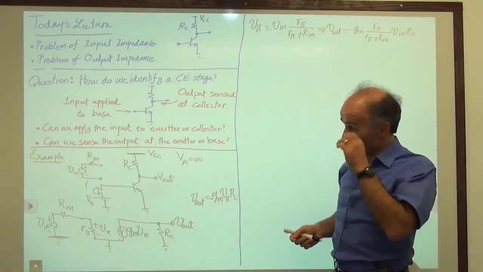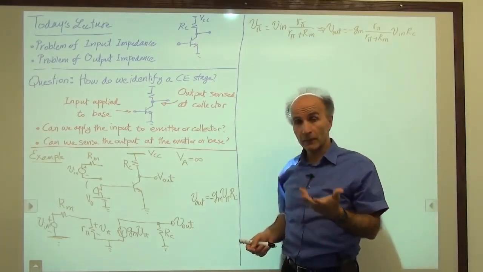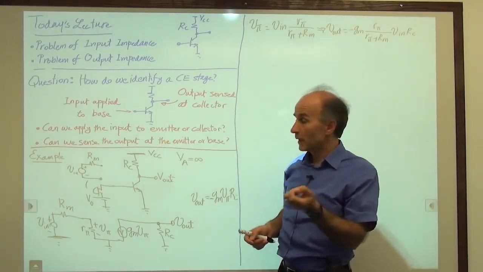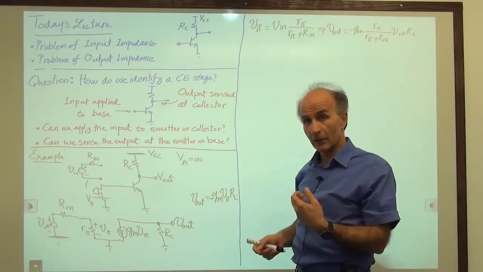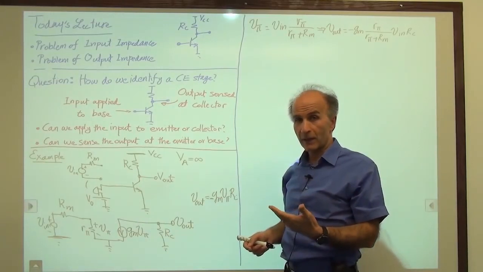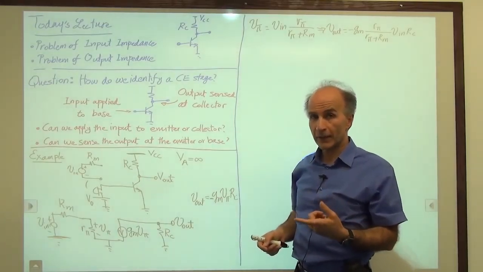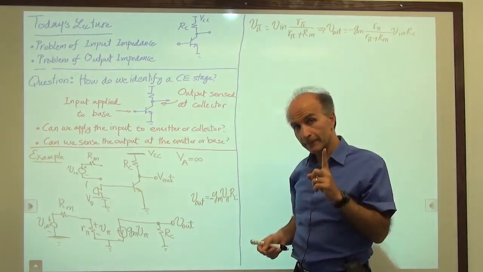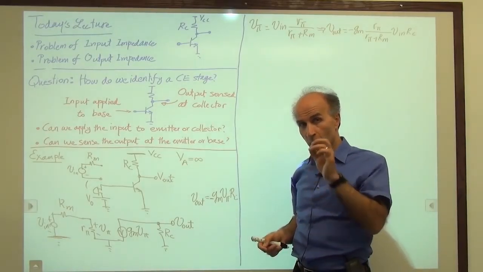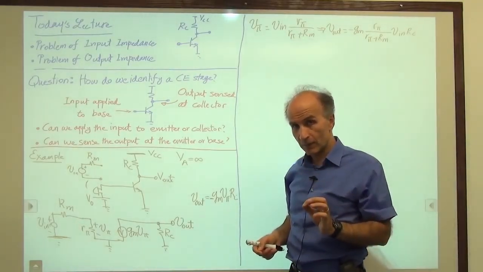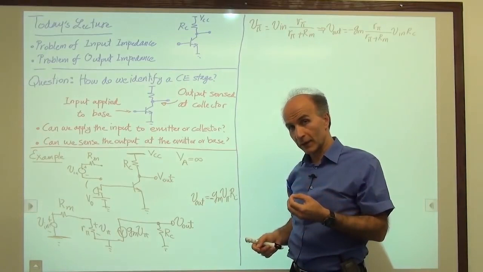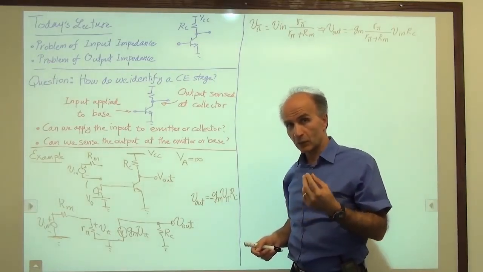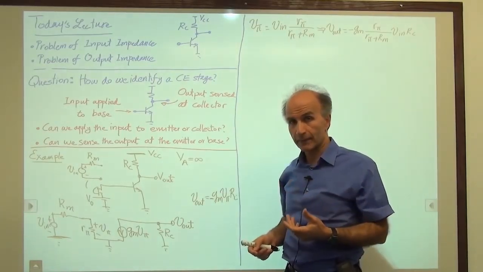In practice, whether Rm is comparable to R pi depends on the type of microphone, and on our design, meaning it depends on R pi. We have seen that if the collector bias current is 1 milliamp, Gm is 1 over 26 ohms, and if beta is 100, R pi is 2.6 kilo ohms.